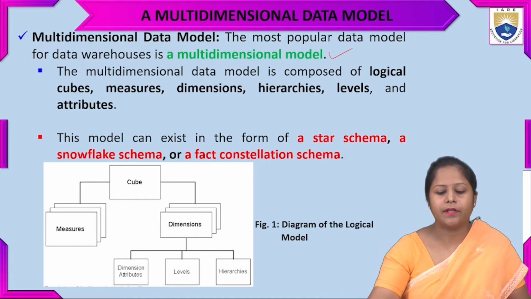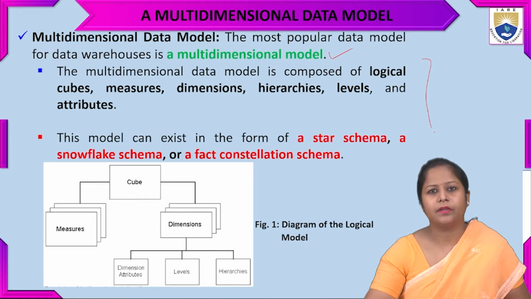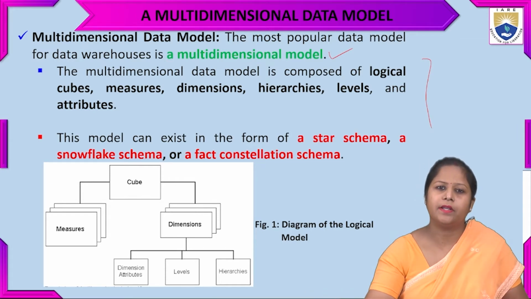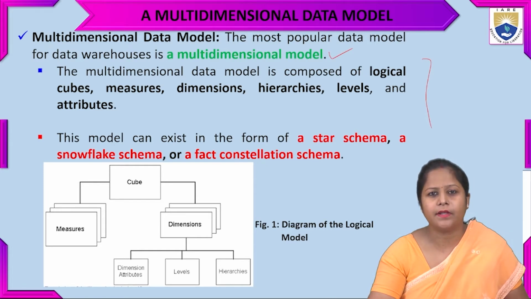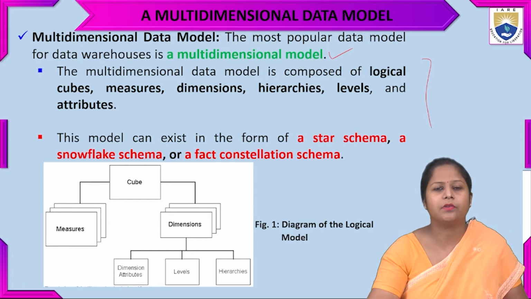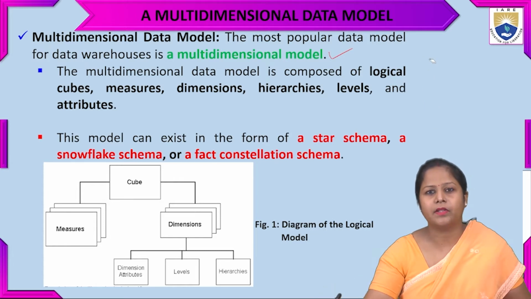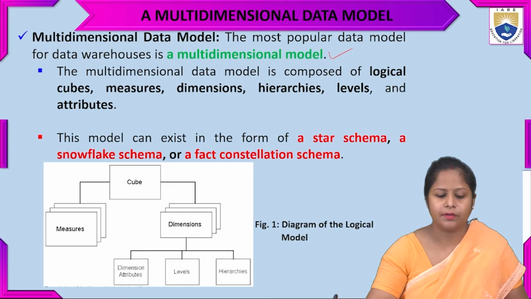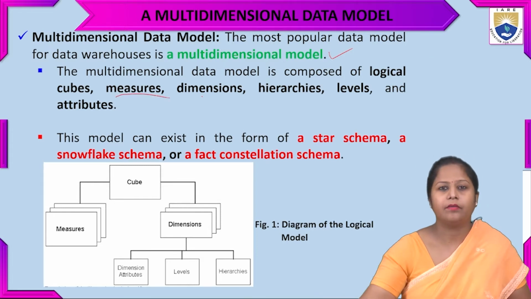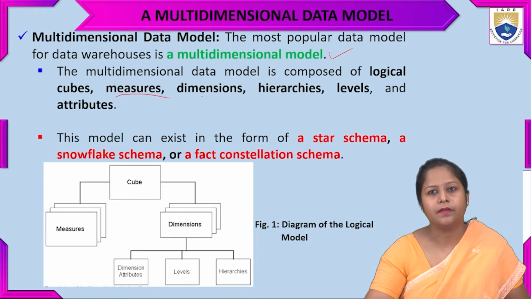The multidimensional data model is composed of data cubes, right? So the data is 2D data, 3D data, or whatever dimension it has, and it will be stored in the form of a data cube. That will be the logical view of the data. Then there will be the measure, right?